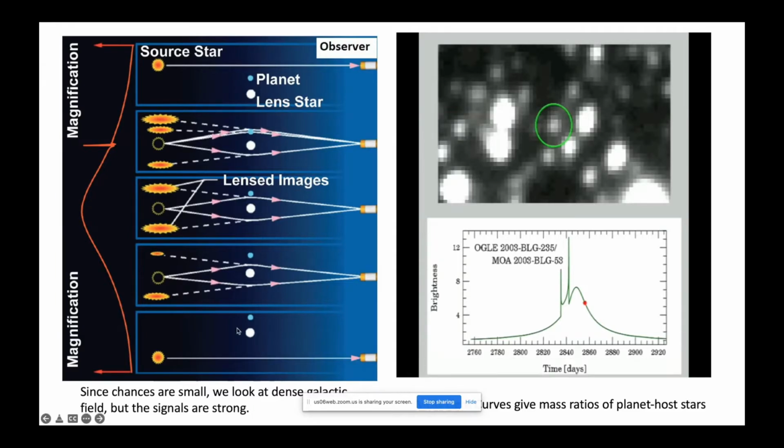So we can still observe more; there's a higher probability of observing more and more microlensing events. So that's why we really need to look at the galactic bulge fields. That's how it is really beneficial for us to look at the bulge field.